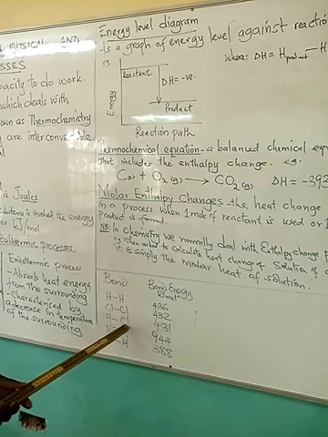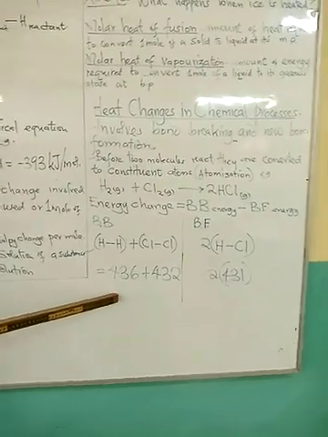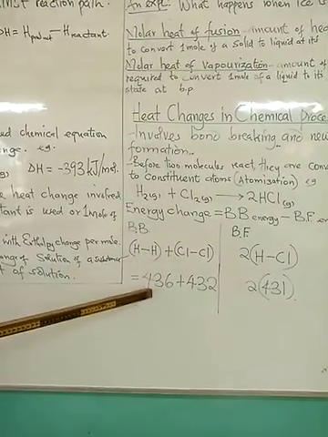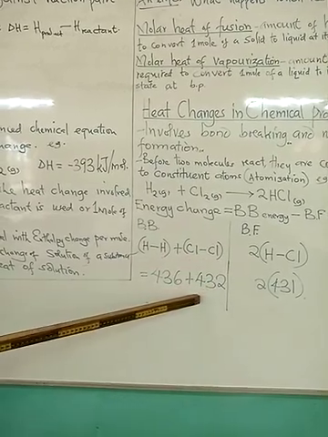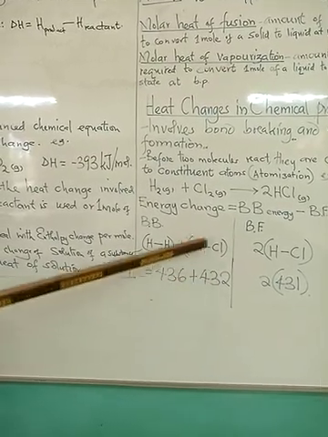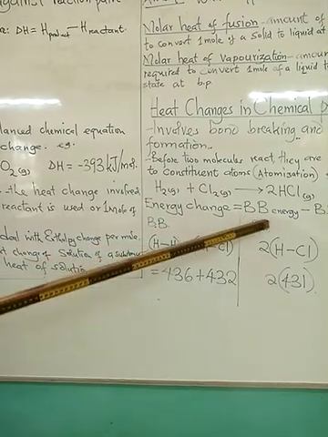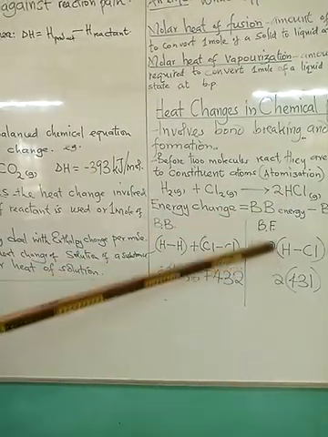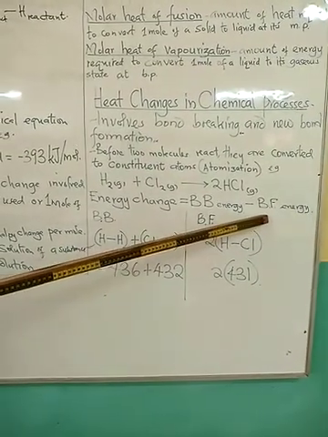Chlorine, chlorine, hydrogen, chlorine. When you refer to that, you can get the energy change for that process. That is, for hydrogen-hydrogen 436 plus chlorine-chlorine 432. When you add that, you get the total bond breaking energy. Then for bonds formed, it is 2 times 431, a total for bond formation energy.